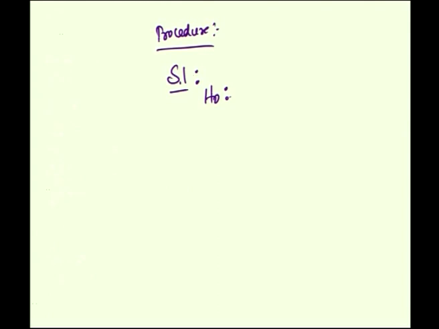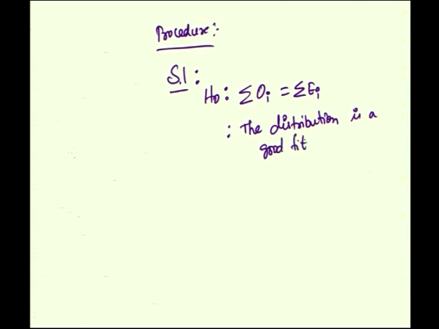Whereas here we set summation observed frequency is equal to summation expected frequency. That is, in H naught we set up the distribution taken into account as a good fit. That is the assumption we are making according to the null hypothesis.